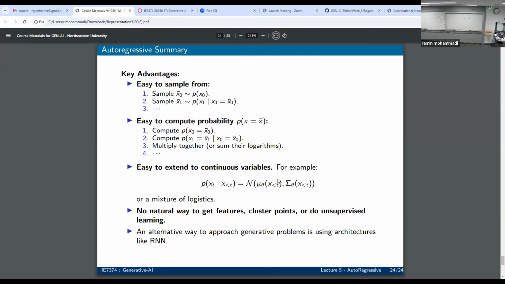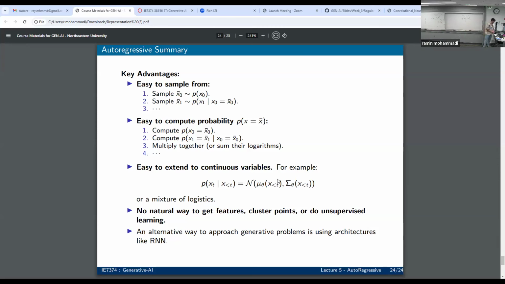If you want to compute probability, you find the probability of the first one, the probability of the second one given the first one, and so on. You can easily extend it to continuous, or it can be discrete. Another downside is that there's no natural way to get features out of it. It doesn't give you information about features, and you cannot use it for clustering and things like that. So that's something to keep in mind.